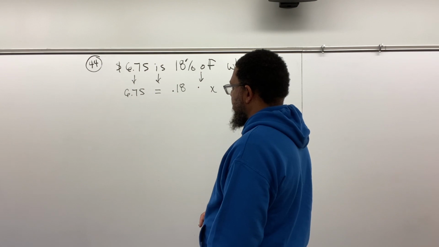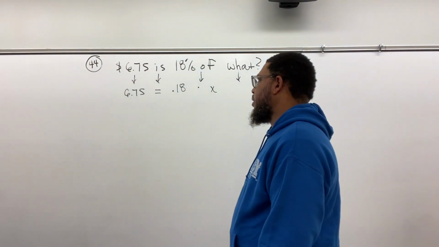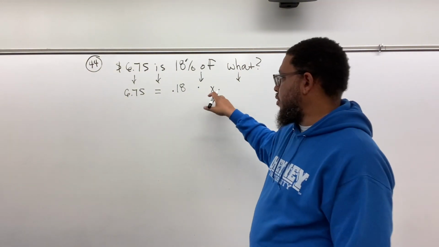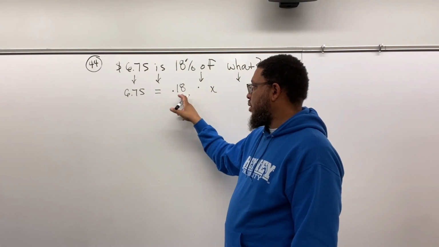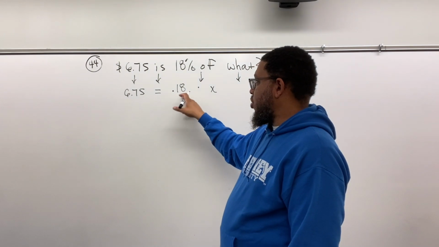Divide both sides by 0.18. Why are you doing that? To get X on the side by itself. Because when we solve any equation, we want to get the variable all by itself. So that means this 0.18 got to go. And the way we get rid of it is by doing the opposite operation that it's already involved in.